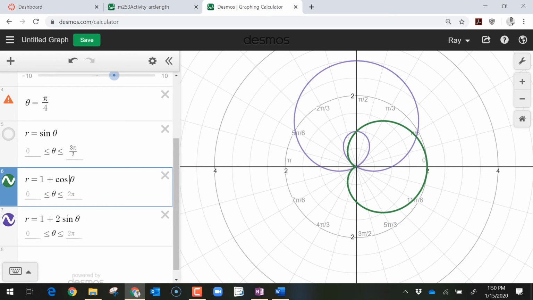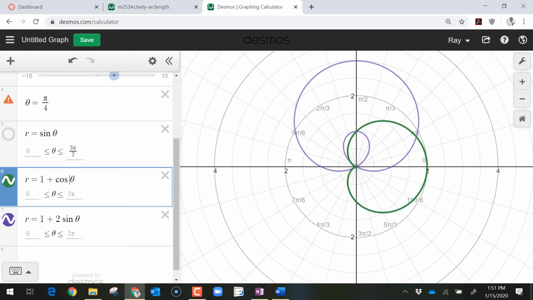But if I show you, it just means it's going to go sideways. So that's related to the circles, just regular sine theta and cosine theta. One's up along the y, one's up along the x. The cardioids and limaçons happen the same way along the y or along the x, depending if it's sine or cosine. Okay, so that's a bunch of polar coordinate graphs for you.